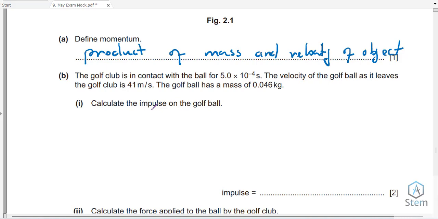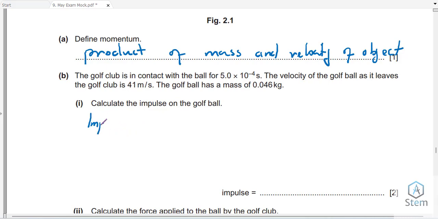The golf club is in contact with the ball for that time, and the velocity of the golf ball as it leaves the golf club is given. The golf ball has a mass given. Calculate the impulse of the golf ball.